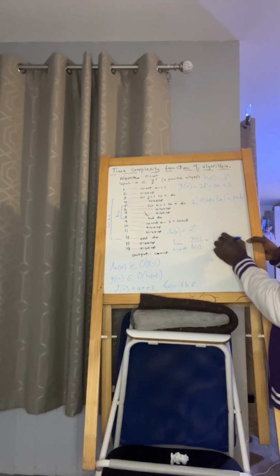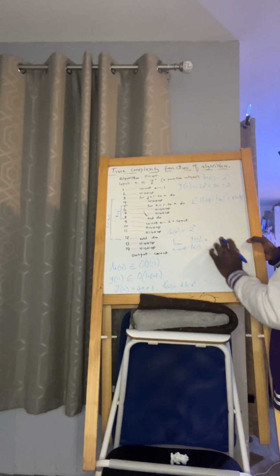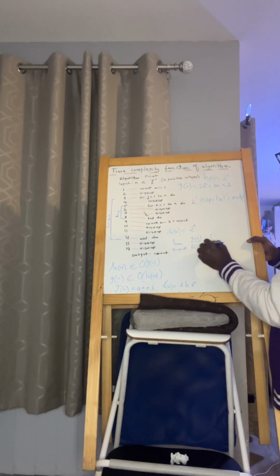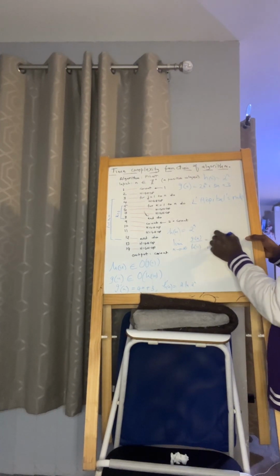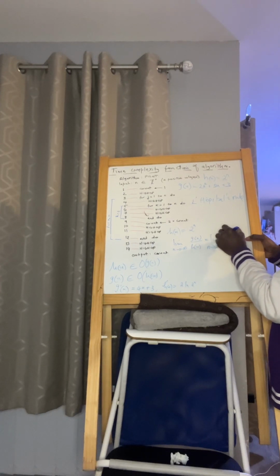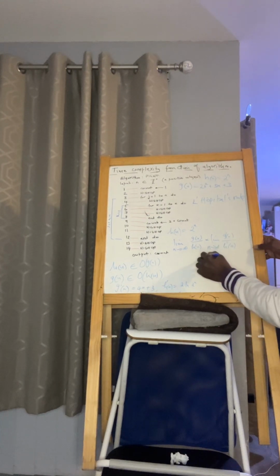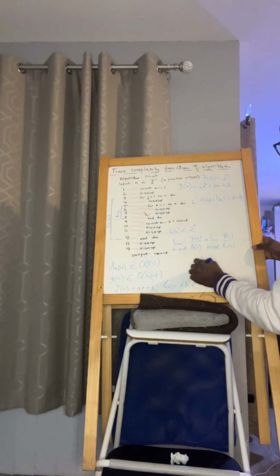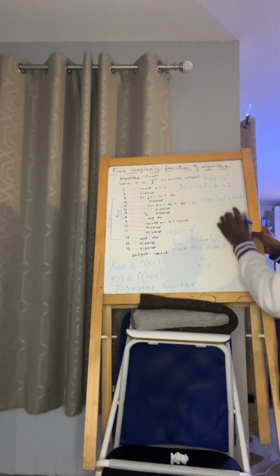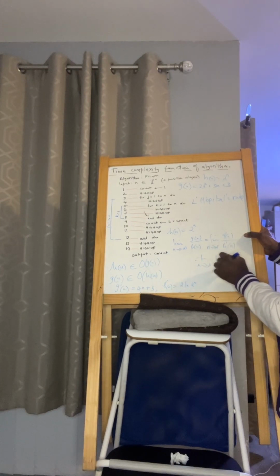So now, the limit of g of n as n approaches infinity, we have g of n all over h prime of n, which gives us 4n plus 3 all over 2 the natural logarithm of 2 to the power of n.